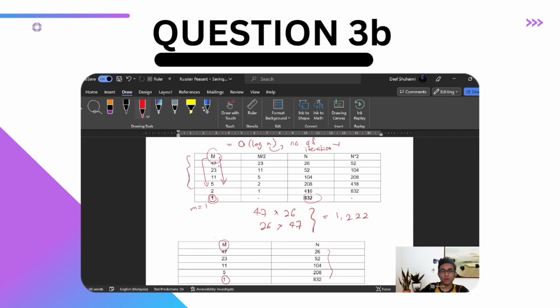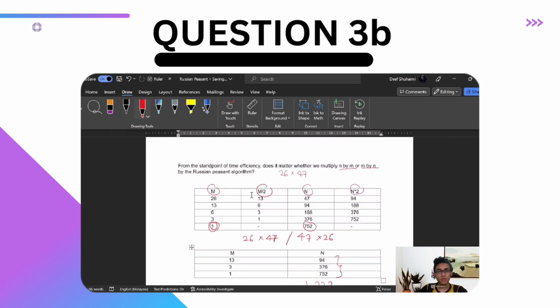Let me clarify the number of iterations. First, the halving process: 47 divided by 2, we get 23. This counts as 1. The next number is 11, counted as 2. This one is 3. This is 4 times of the halving process.